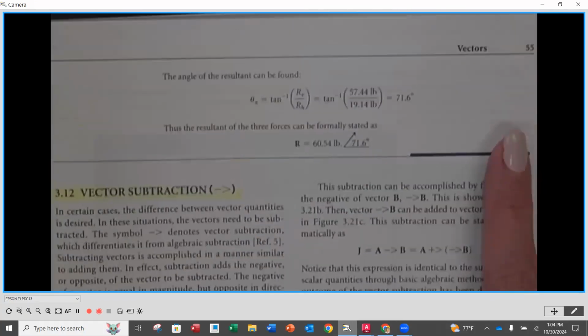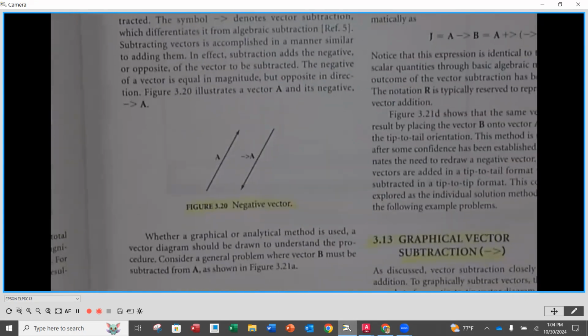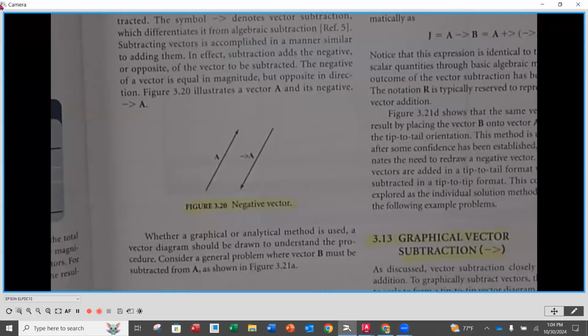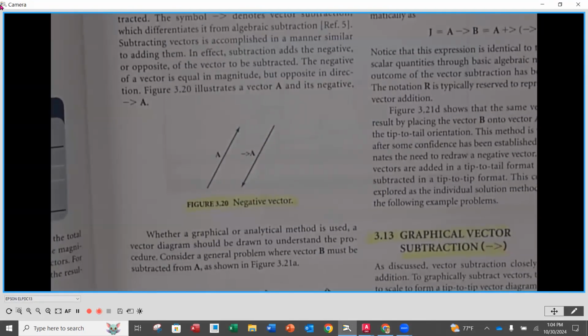And we're going to look at page 55. This is our vector subtraction page. And in the first column, figure 320 shows the negative version of a vector. The negative version of a vector is just changing its direction 180 degrees.